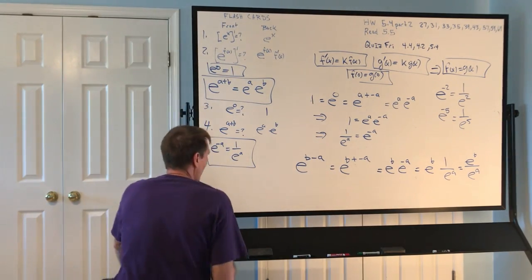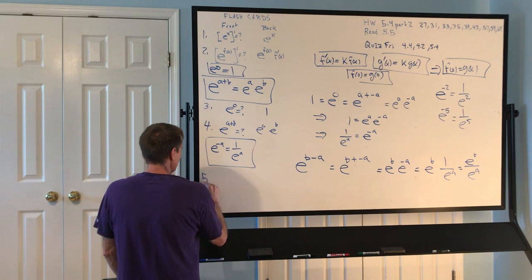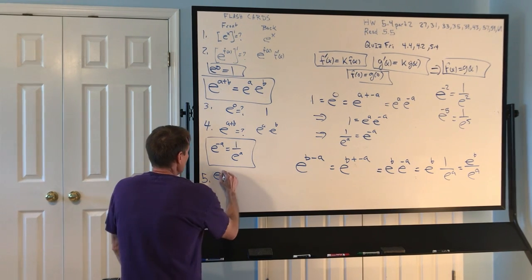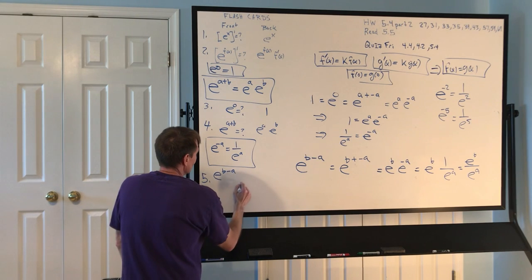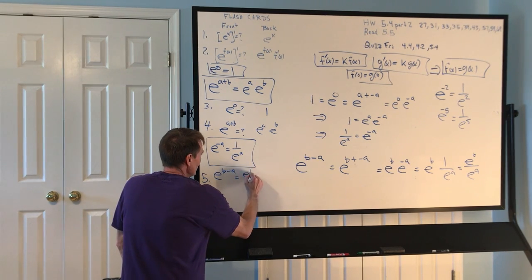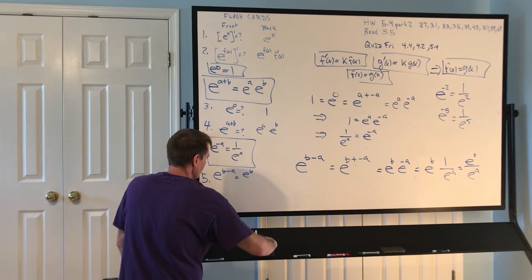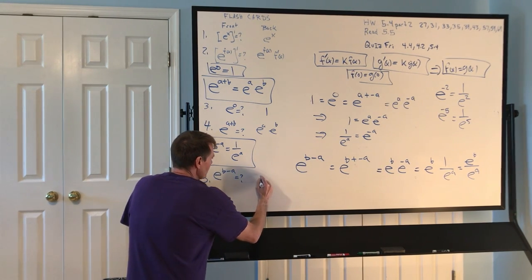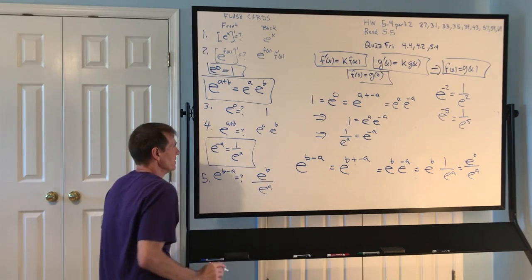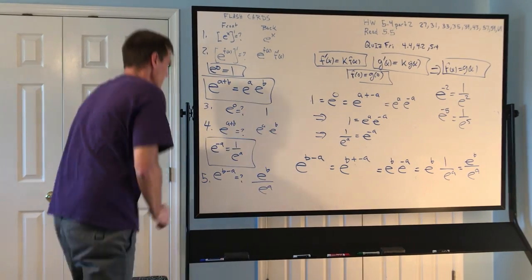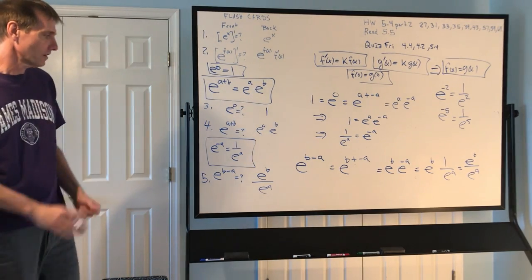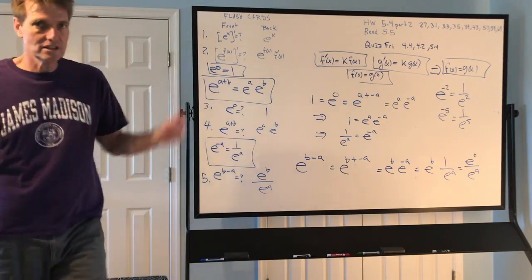So that's going to be our fifth flashcard, which is e to the b minus a on the front of the flashcard. On the back of the flashcard, it's equal to e to the b divided by e to the a. So now you've got 5 flashcards. Okay, stretch.